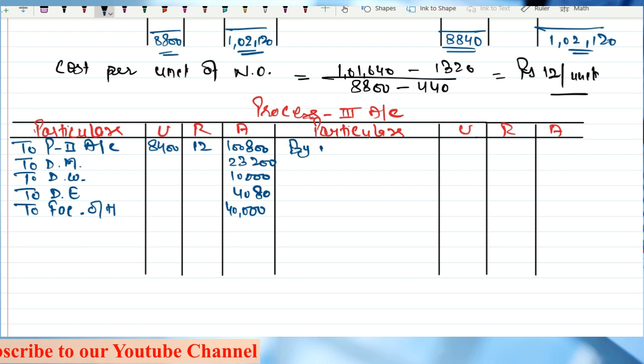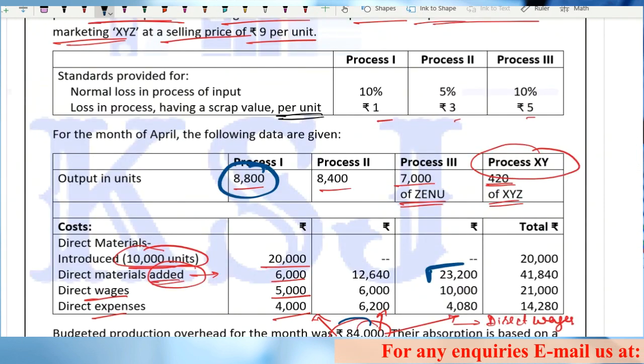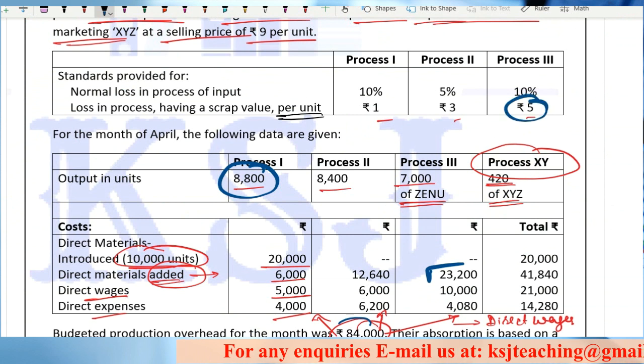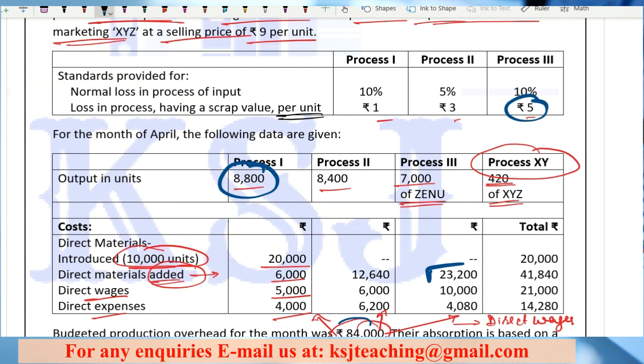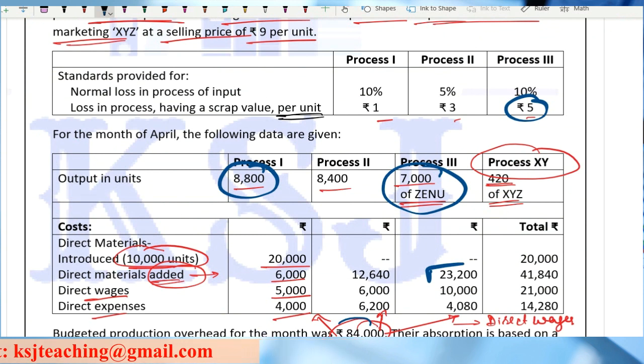And normal loss is there. How many units? 840 units. 5 rupees is the scrap value, so 4200 you will get, right? And the output is 7000 units of Zenu and 420 units of XYZ, that is a byproduct.